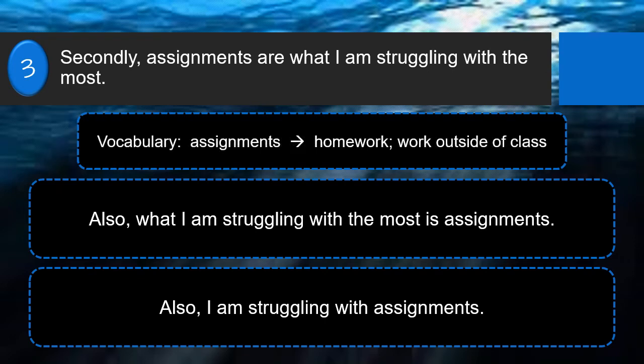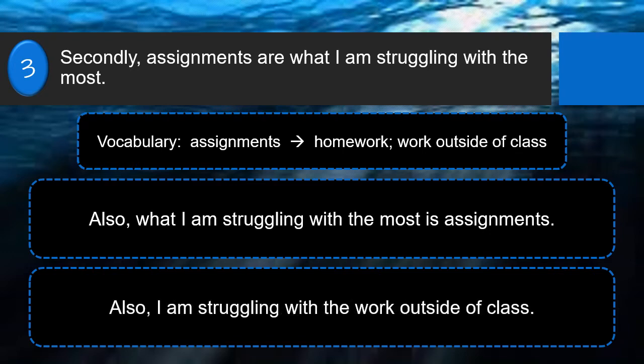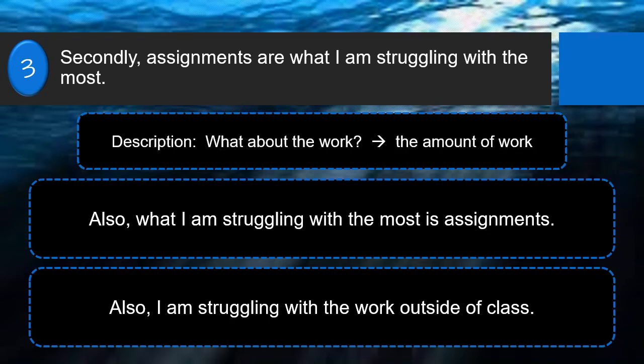First let's look at the vocabulary. Assignments, maybe we should use "homework" or "work outside of class." These are choices. All of them are fine. Also, I'm struggling with the work outside of class. I don't know. I kind of like that. Also, description. What is it about the work that you're struggling with?